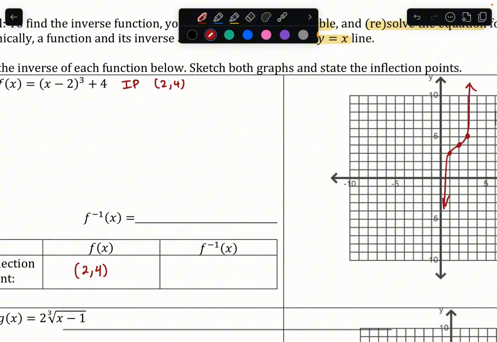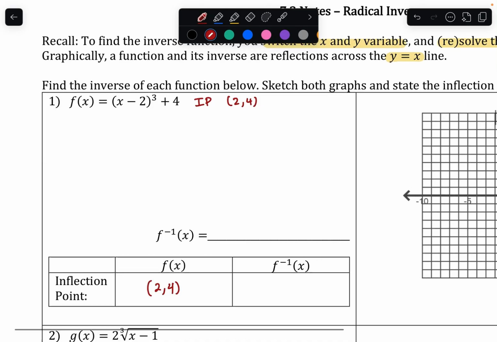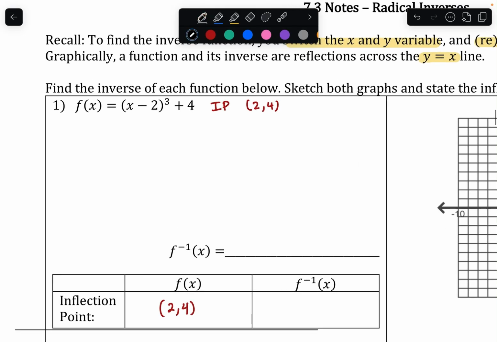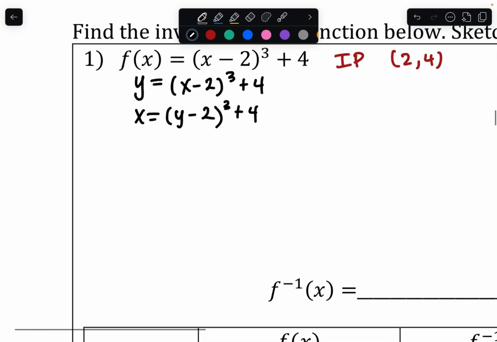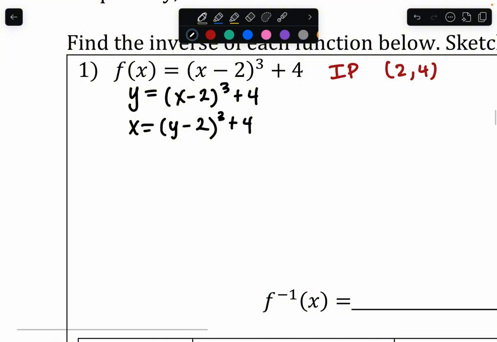Okay, so there's our original function, and then to find the inverse, we replace that f of x symbol with a y, and then we switch the x and y. Okay, and then now we need to resolve for y. Because we're solving for y, we need to isolate the cube.